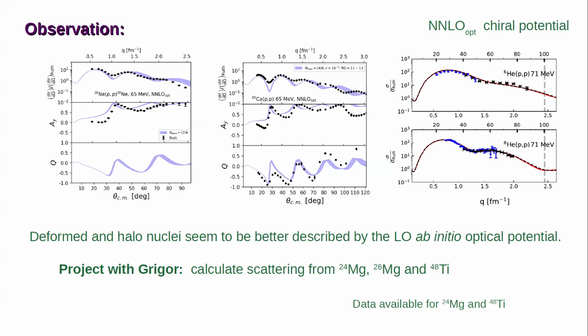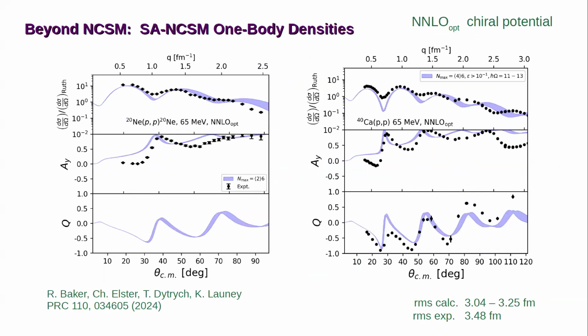If you go back 2 slides, the radius is not so good for calcium. Down in the lower corner. It also doesn't bother you? Okay. Calcium is not very well converged. If you look, this is something Robert did. It's H bar omega 12, no, I think 11, 12, and 13.